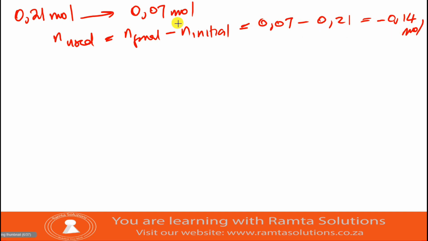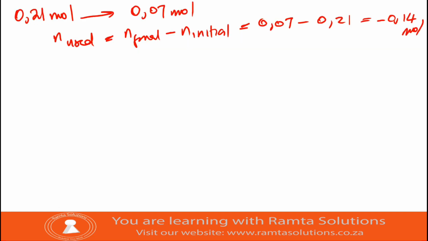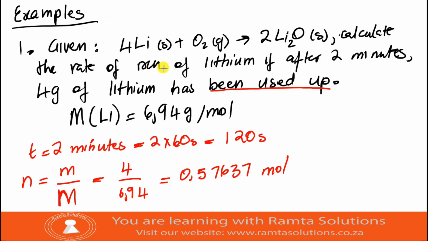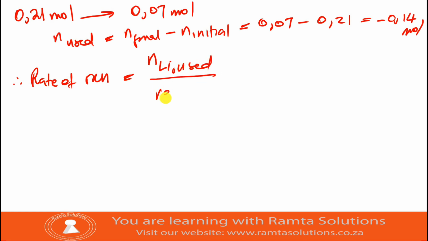All right, perfect. So coming back here, this means the number of moles that has been used up is 0.57637. Now, our rate of reaction is therefore N of lithium used over reaction time.